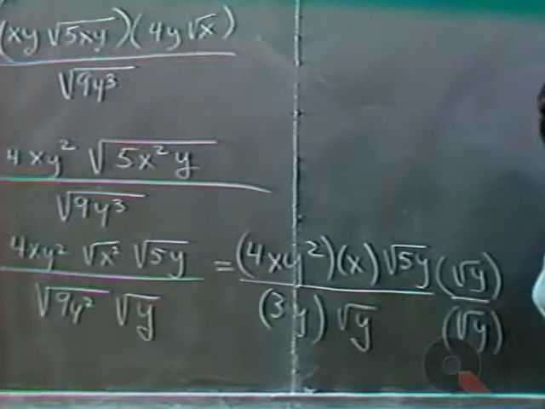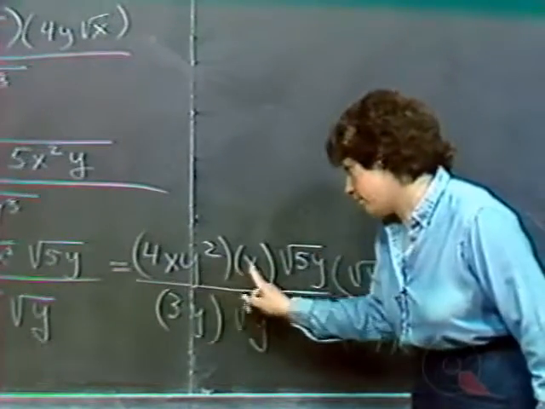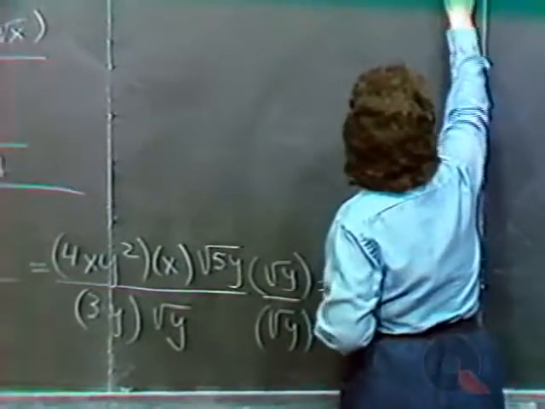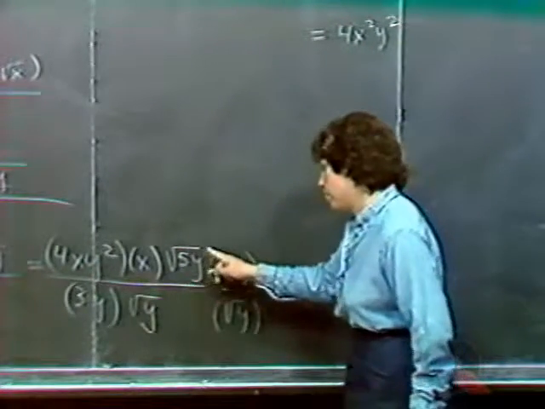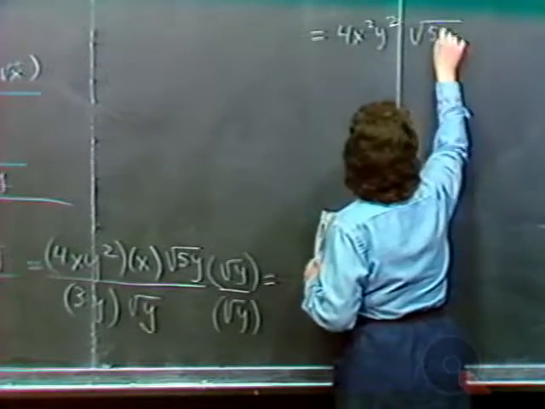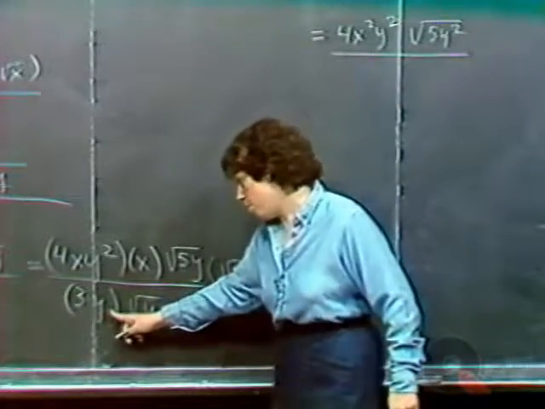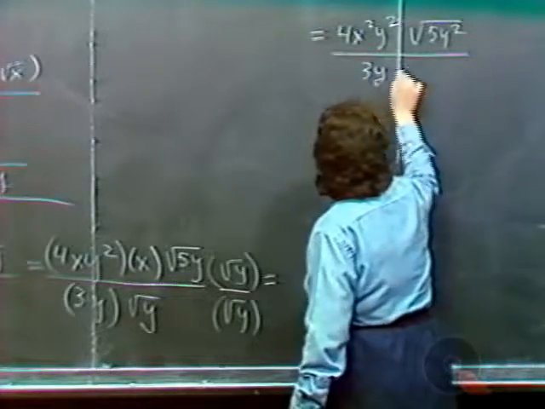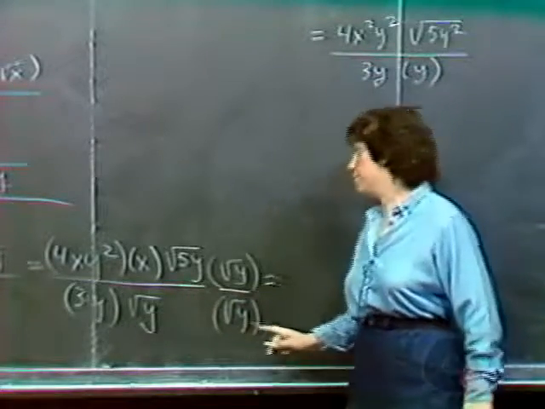We will get 4x squared y squared, the square root of 5y times the square root of y is the square root of 5y squared, divided by 3y, the square root of y times the square root of y. The square root of y times the square root of y is y, so 3y squared.